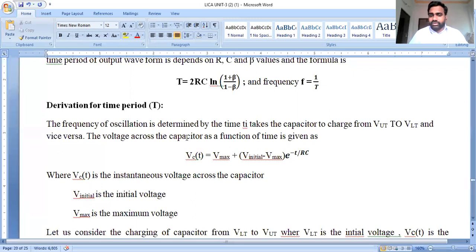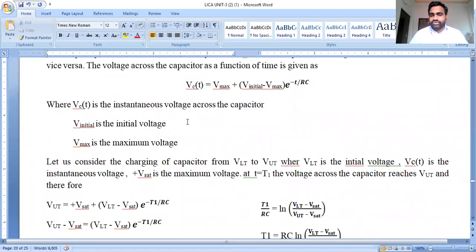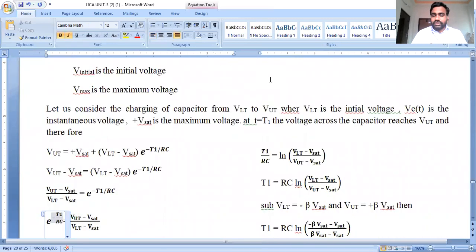For the two time periods, we took the transient response of the RC pair and substituted the maximum voltages: one maximum voltage is positive saturation, the other is negative saturation. The initial voltage is the upper threshold voltage, the charge voltage across the capacitor. I substituted all the expressions in the transient response function and next we calculated the time period.